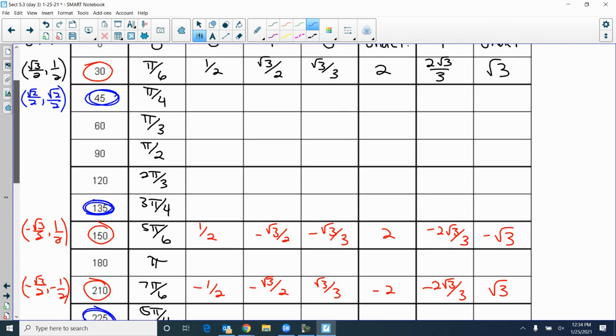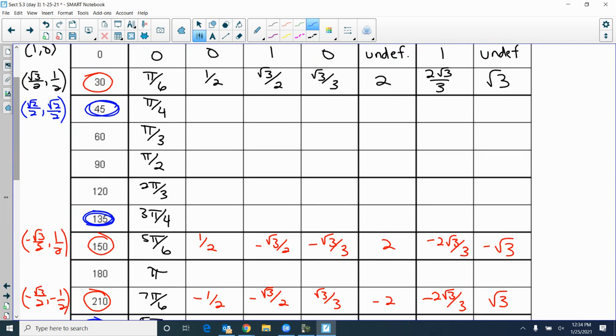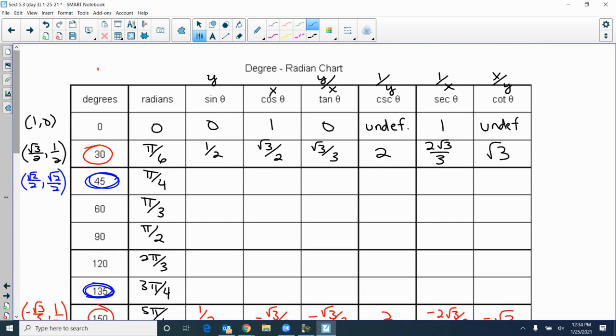Those will all have the same answers with the exception of positives and negatives. That's the only thing that'll be different. Your sine is the y value, which is radical 2 over 2. The cosine is the x value, which is also radical 2 over 2.